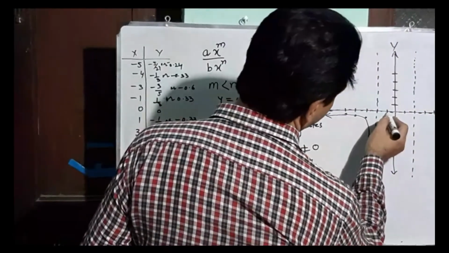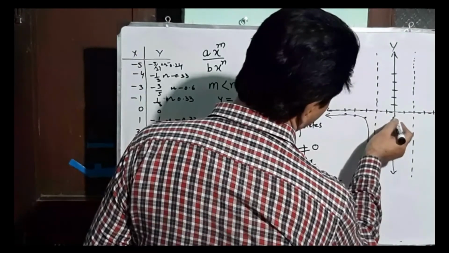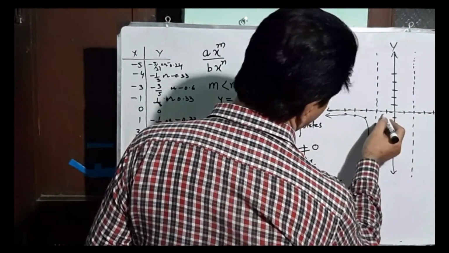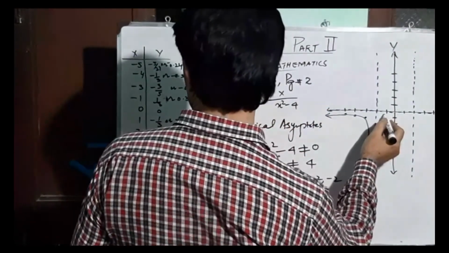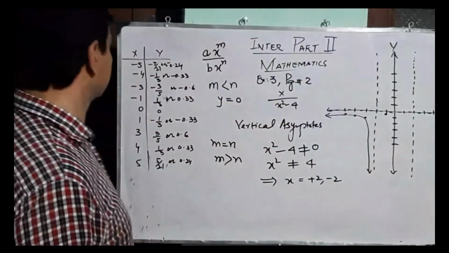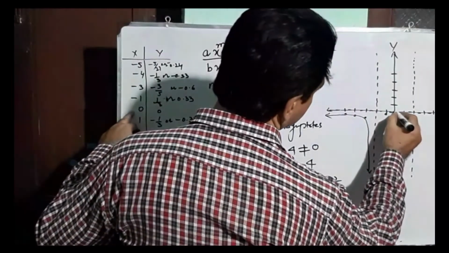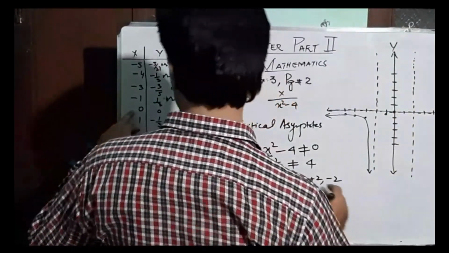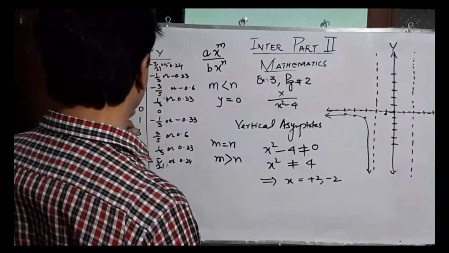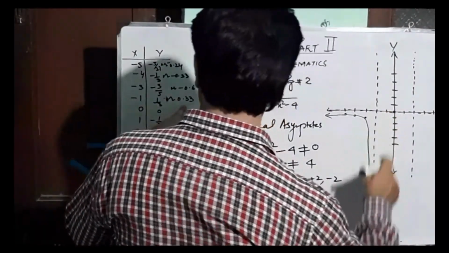Here -1, 0.33. We will divide into three parts, 1 2 3 for the first part. Sorry, for -1 we have a positive y value.